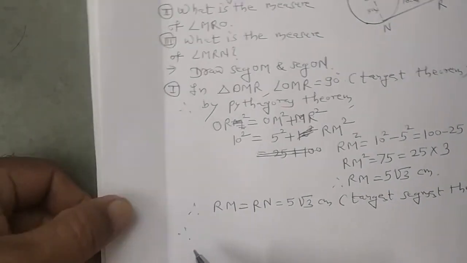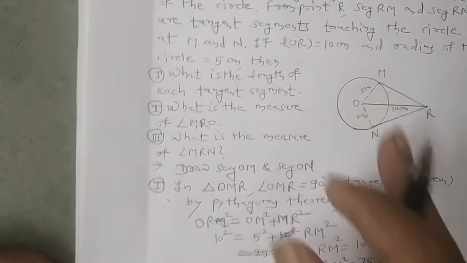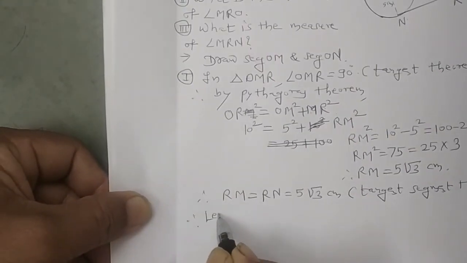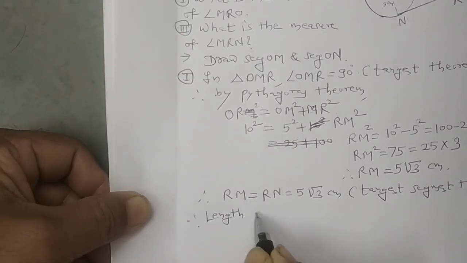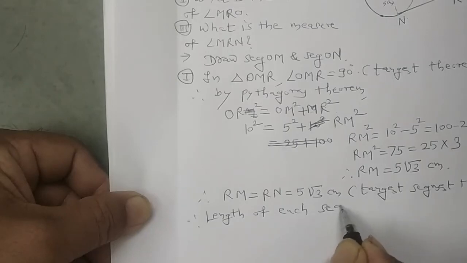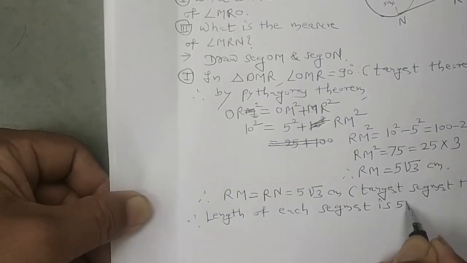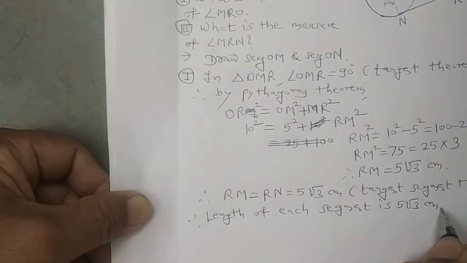Therefore, what is the length of each segment? Therefore, length of each segment is 5 root 3 centimeter.